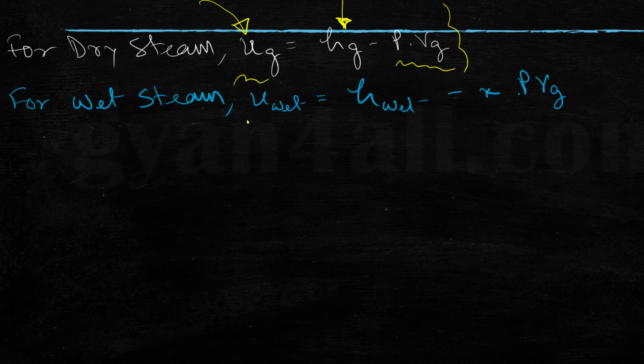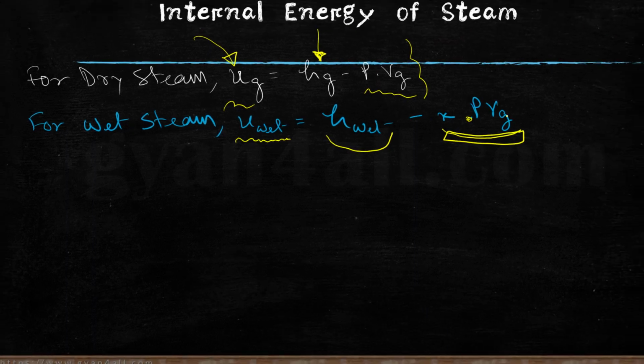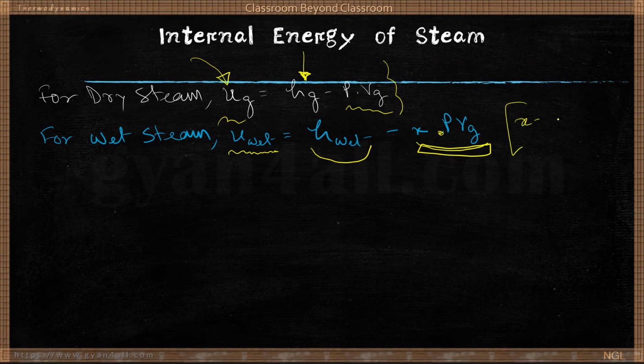The internal energy of wet steam is equal to the enthalpy of wet steam minus the work done. The work done for wet steam is X PVG, where X is the dryness fraction of the wet steam.